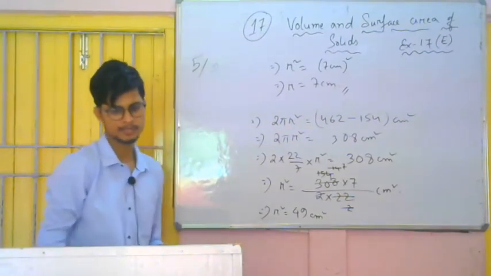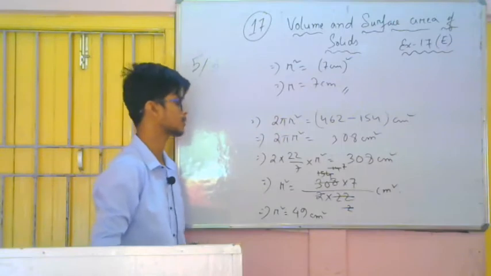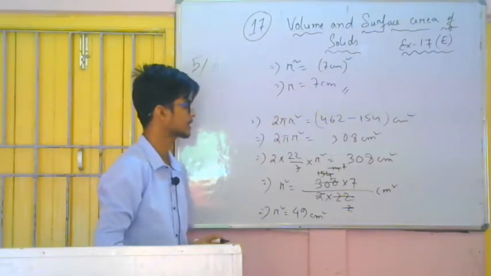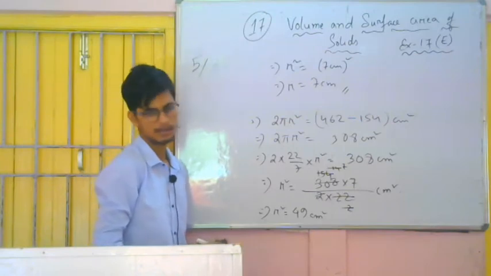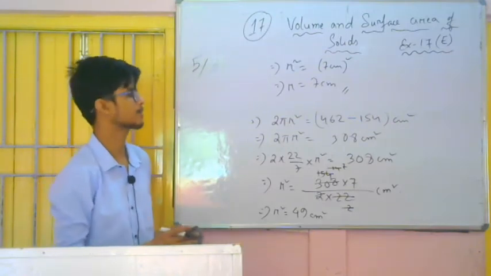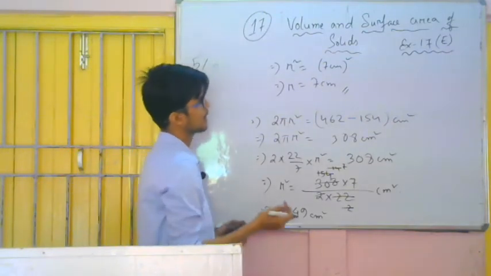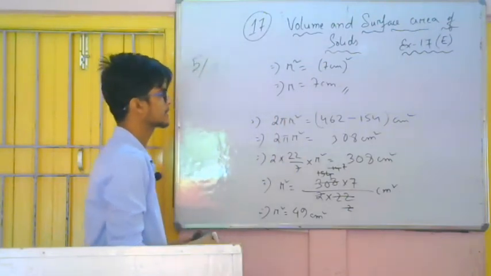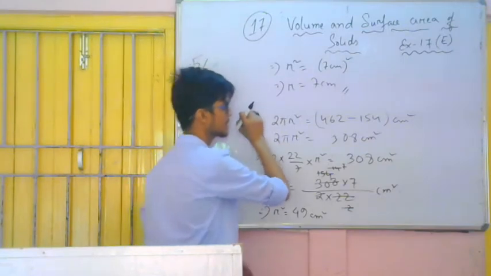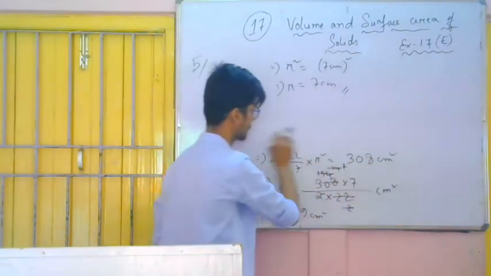So if I put this value in equation number 2, in equation number 2 it was like this, 2 pi rh was equal to 154. If I put the value of r, I can easily find the value of h, and if I find the value of h, I can easily calculate the volume.